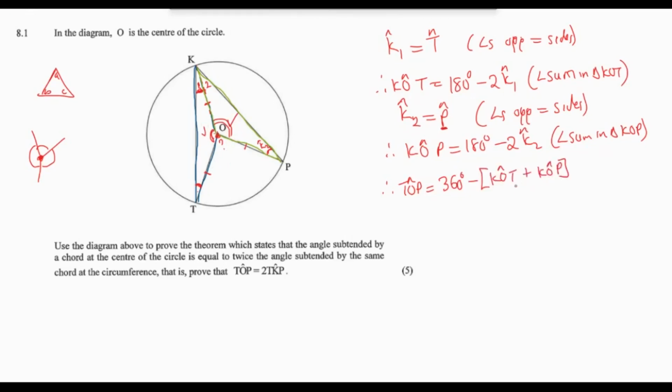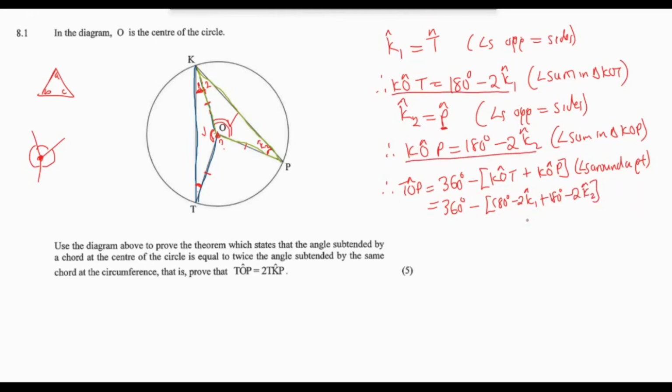We are separating these two angles around a point. So it's going to be 360 degrees, then minus the bracket 180 degrees minus 2 times angle K1, then plus 180 degrees minus 2 times angle K2. We found that this is KOT, this is KOP.